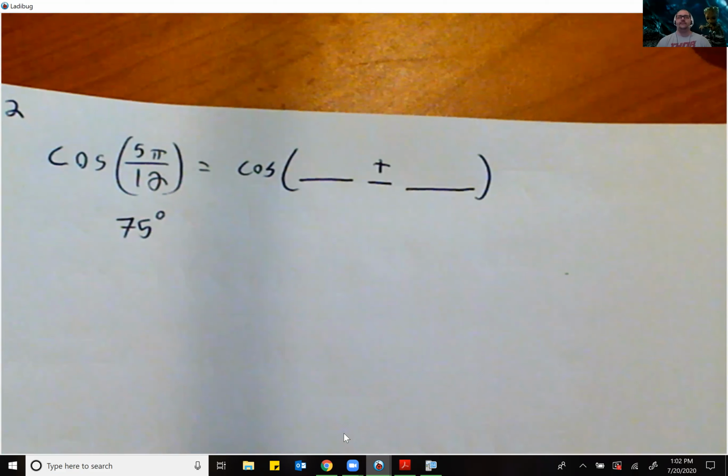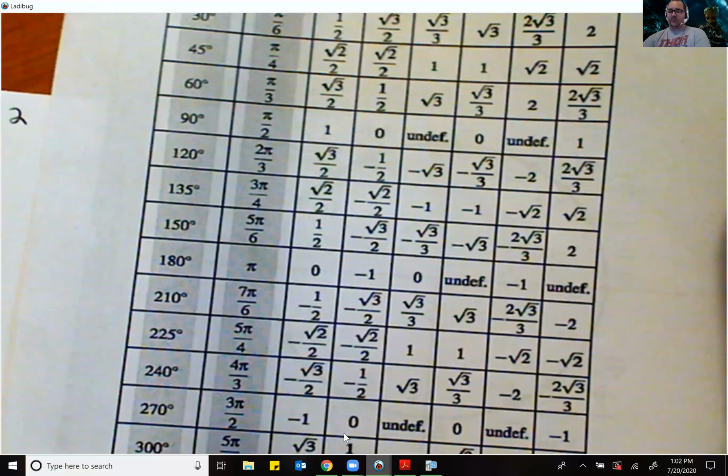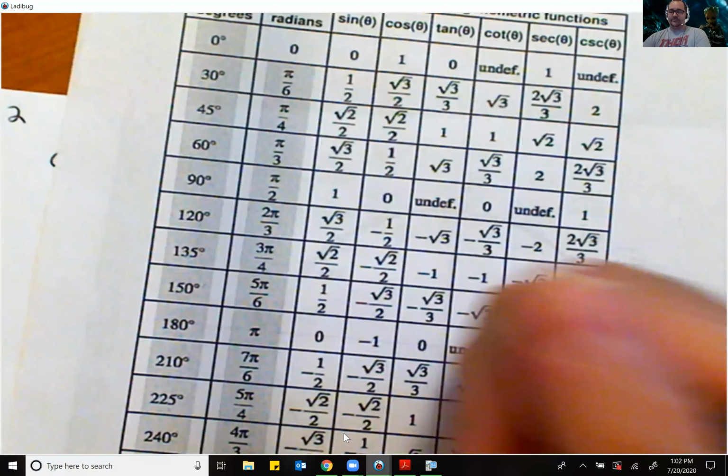Quadrant 1 is made up of 0, 30, 45, 60, and 90. Is there a way I could use two of those angles to add or subtract to 75 degrees? Absolutely. But you have a whole gambit of angles you actually know about. So there are lots of ways that we could get to 75.